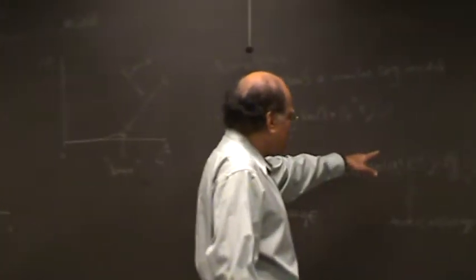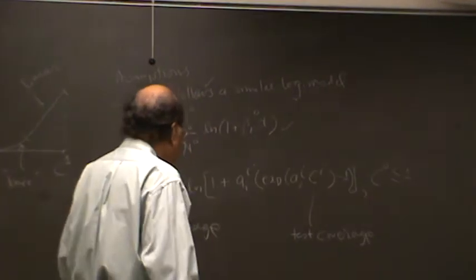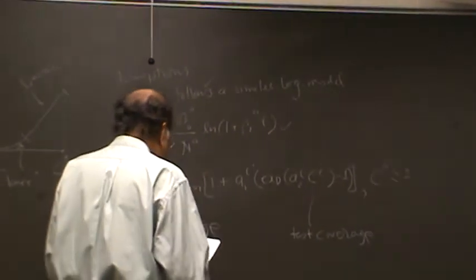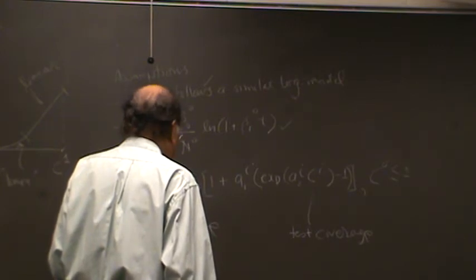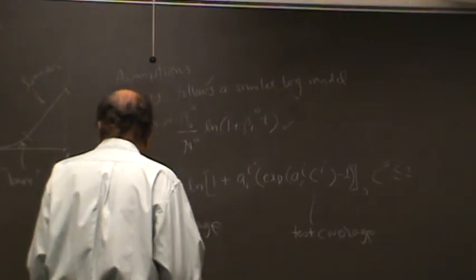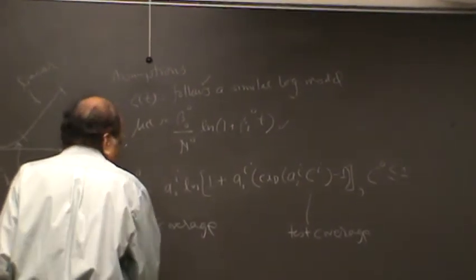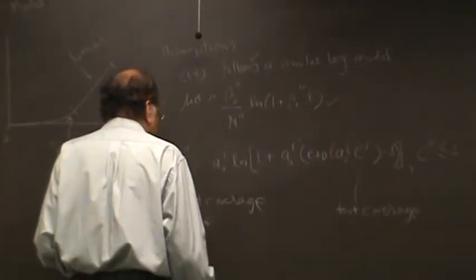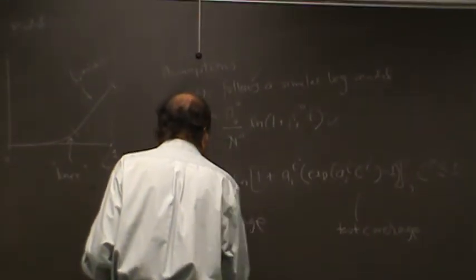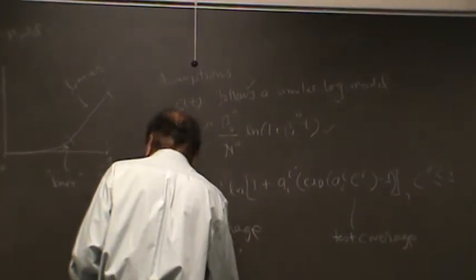So I could be anything, and this is your defect coverage. And it can be shown for large, now this looks complex, but for large value of C sub I, you can see that this expression becomes a linear expression.